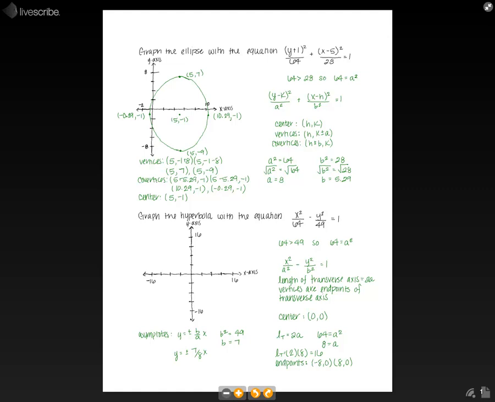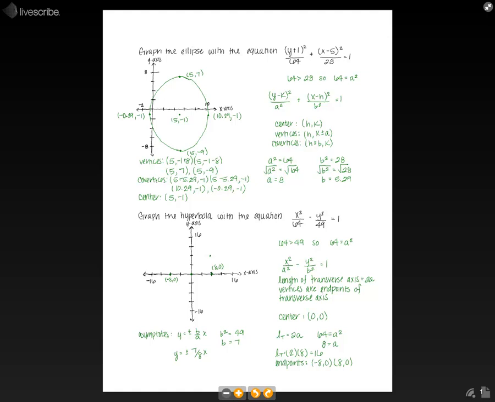Let's start by graphing the center at 0, 0, and then the vertices, which are going to be at 8, 0, and negative 8, 0. Now we need to graph the asymptotes. If we graph y equals 7/8 x, it's going to start at 0, 0, because 0 is the y-intercept, and then we go to the right 7 and up 8.